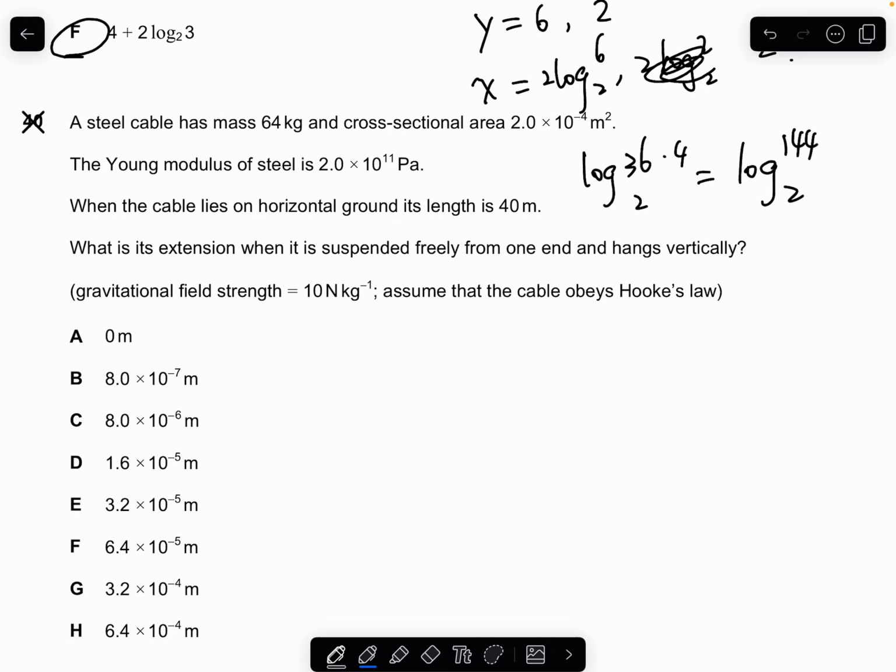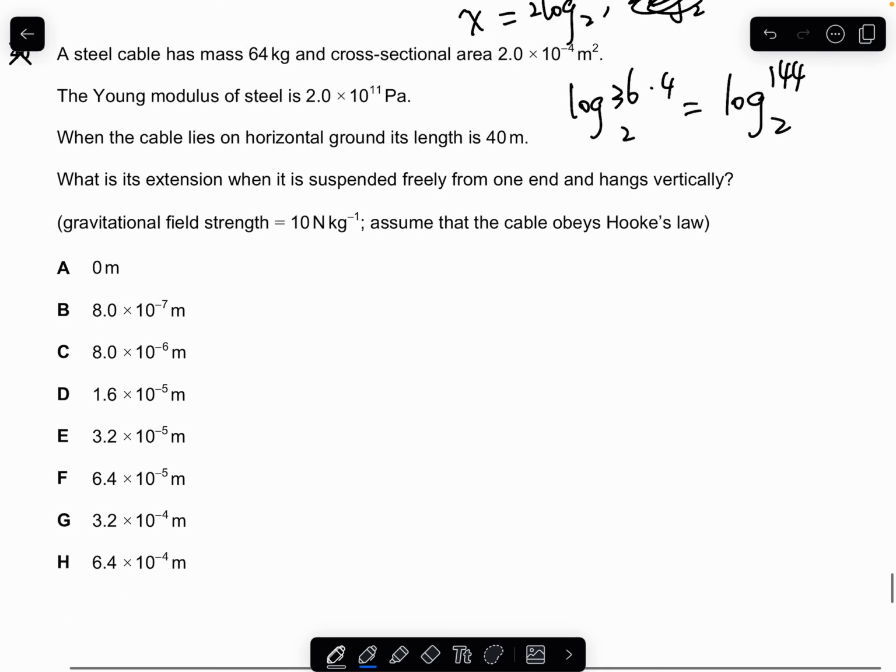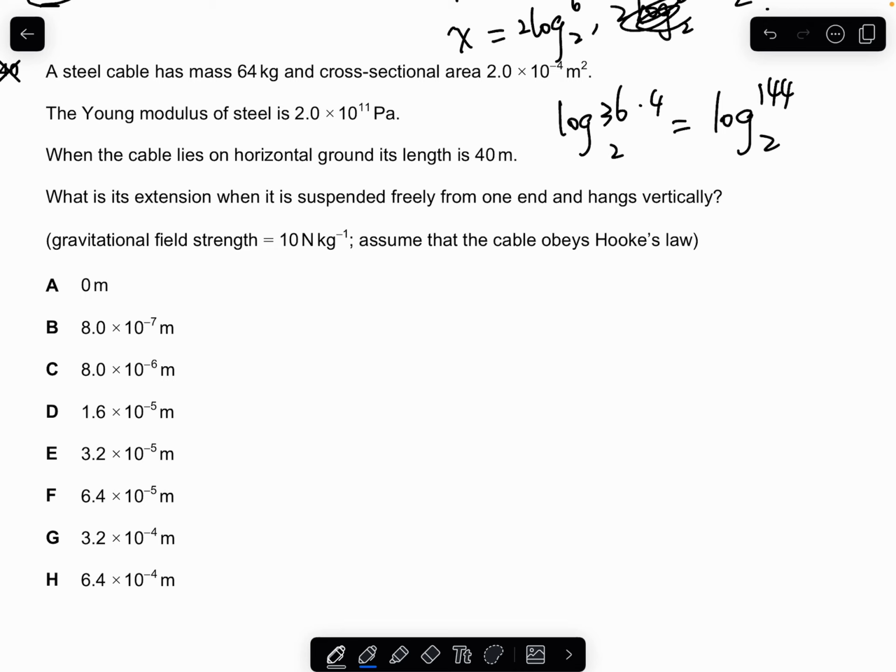So this cable, Young modulus. Oh, this is a bit hard.